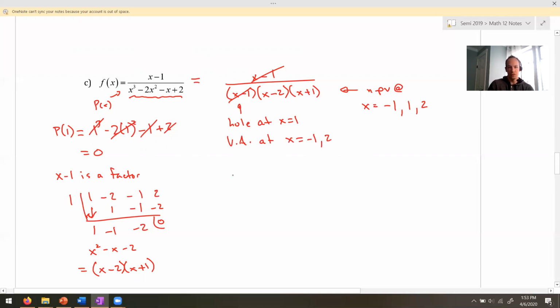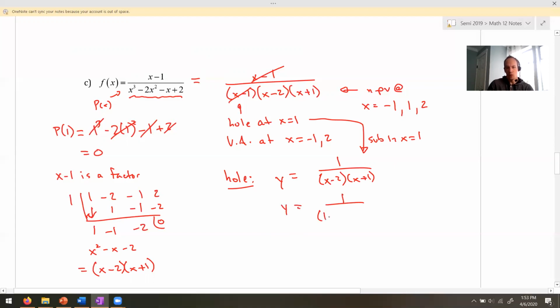The coordinates of the hole: y equals, we're going to write the simplified version so that the x minus 1 factor is gone. And we're going to substitute x is equal to 1. So y is equal to 1 over 1 minus 2, 1 plus 1, and that gives me 1 over, well, I know this shouldn't be hard, but for some reason my brain's working slow.